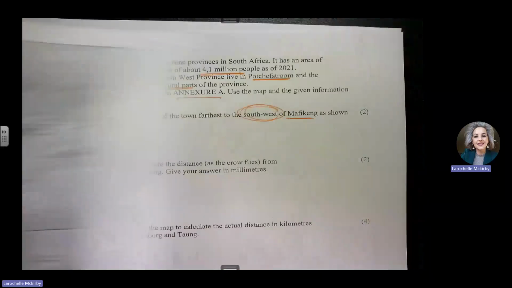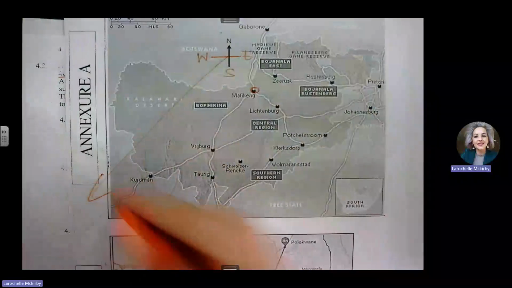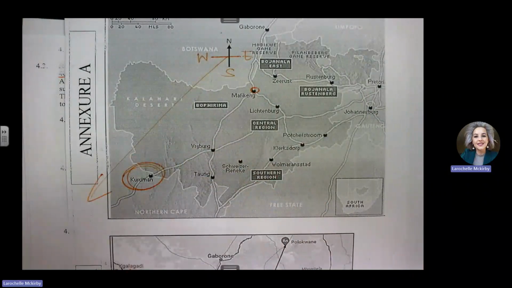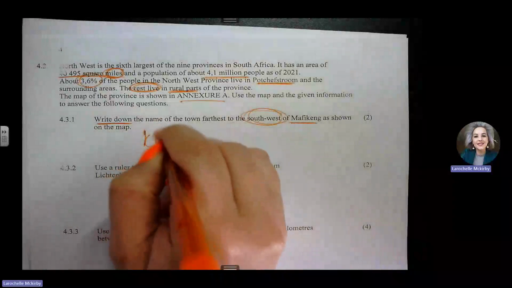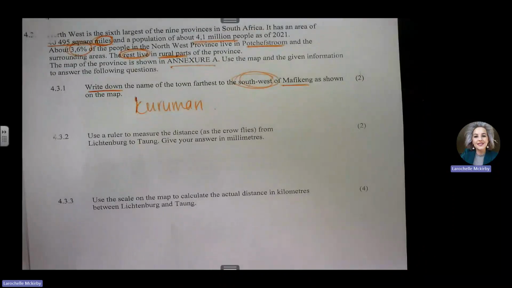And now we say we need to go for the furthest southwest. So southwest will be in that direction there. And the furthest town we find there is the town Kuruman. Kuruman. And there we go. See, again, starting your questions with an easy one. And then we are going to a more difficult with levels.